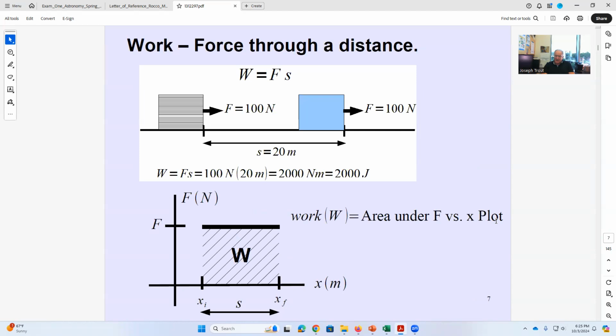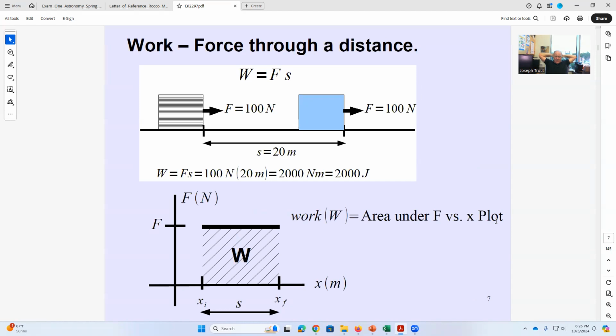You may notice that if we plot the force versus the distance, the area under the curve is equal to the work. In this case, the force is constant. So the force times our displacement, which we'll call S, is equal to the work.